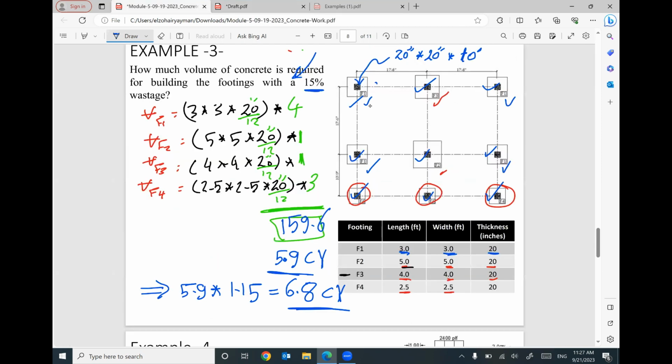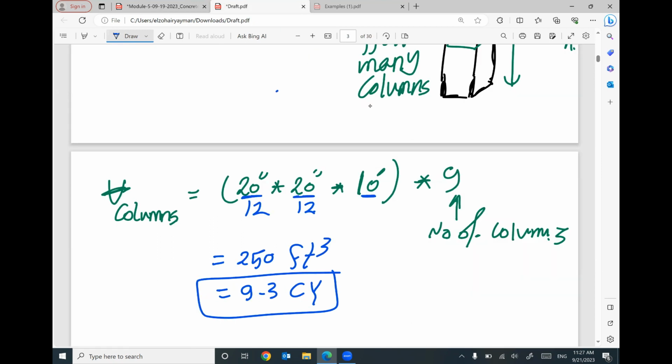So if you would like to pour just the footing, you need to order 6.8 cubic yard after considering the wastage, 15%. If you would like to pour just the columns, you need, just a second. Yes, we are good. You need to order 9.3 times 1.15 to consider the wastage.